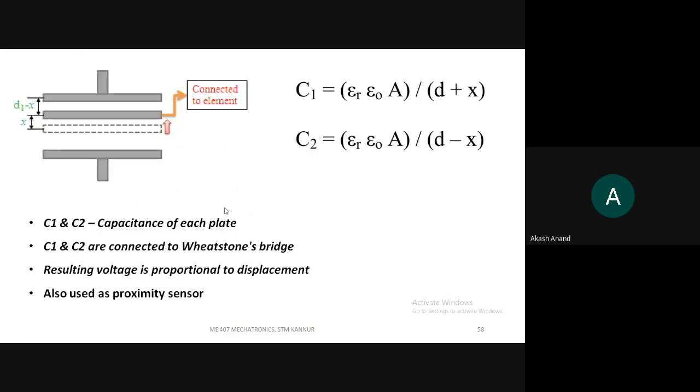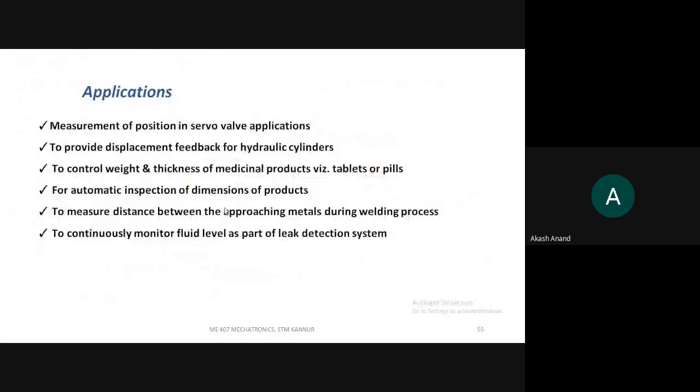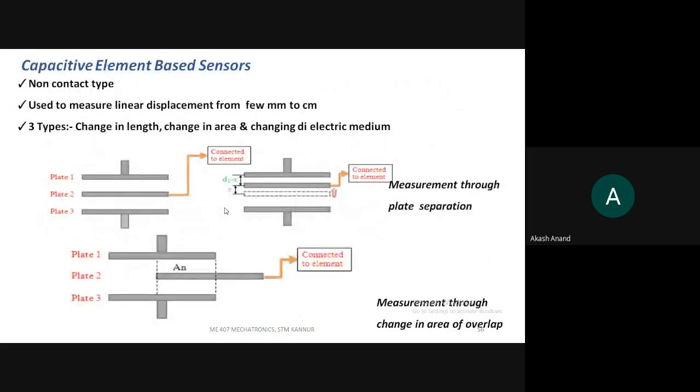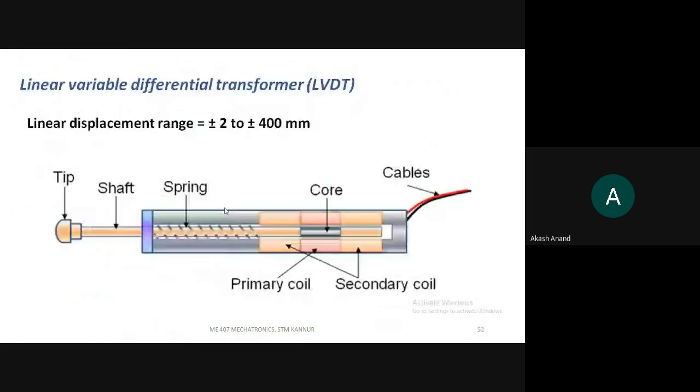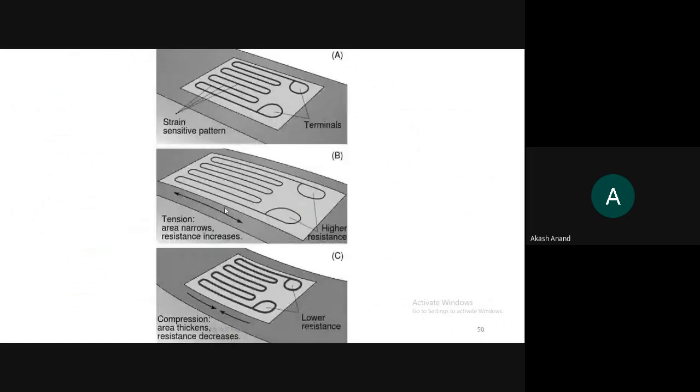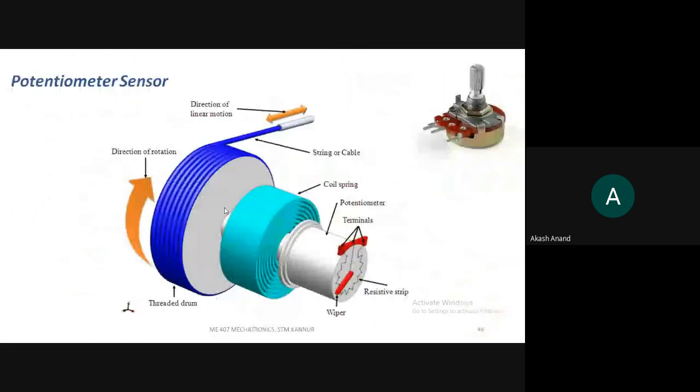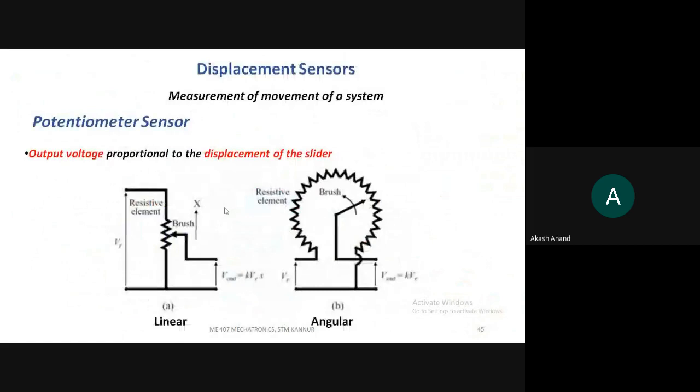So up to here, you are familiar with the four types of displacement sensor. That is, one is the capacitive based sensor, the other is the LVDT, linear variable differential transformer, the other is the strain gauge, and the first one was the potentiometer sensor. So I think you are familiar with the displacement type of sensors.